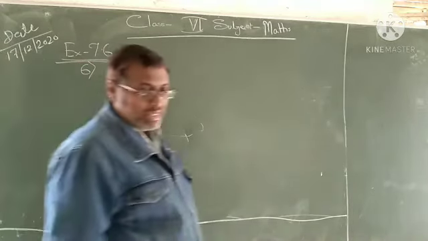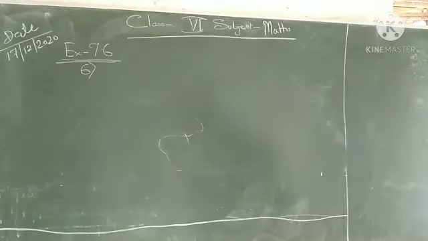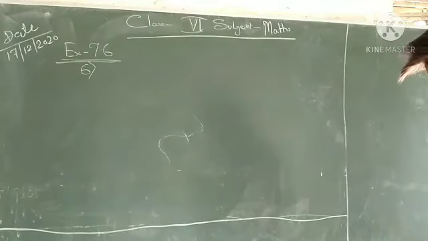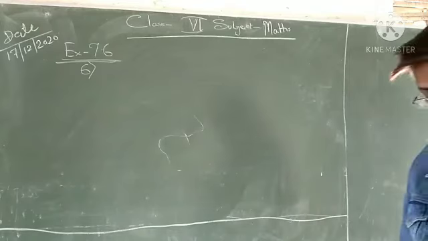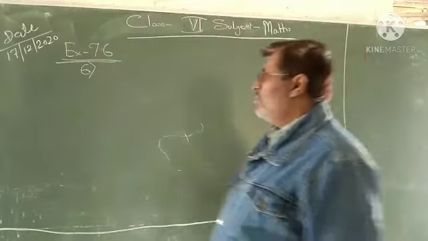In sum number 6, it is said that a piece of wire 7 by 8 meter long broke into two pieces. One piece was 1/4 meter, and we need to find out the length of the other piece.